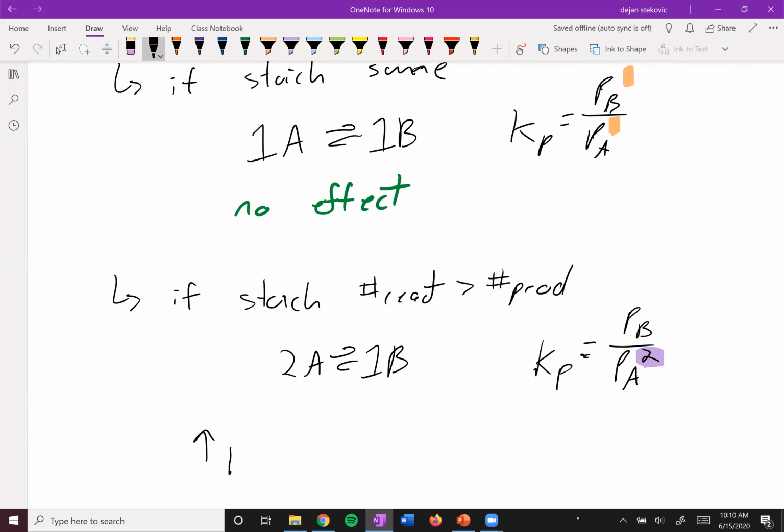And so when we increase the pressure, the pressure of the reactants is going to go up faster. And then to cancel that out, we will have to turn some of our reactants into products.